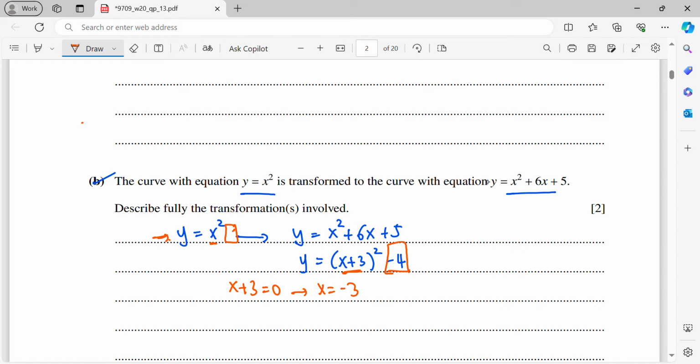So the transformation is basically a translation, where the x component is minus 3 and the y component is minus 4. That's the transformation from y equals x squared into the new graph.